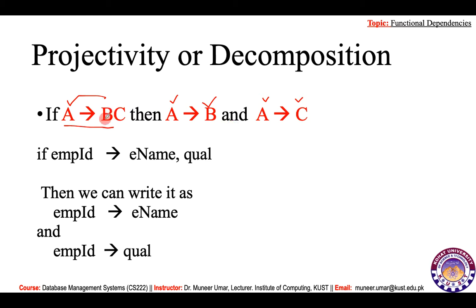We are splitting the attributes and making new dependencies. So here we have employee ID and it is determining the employee name and qualification, and this can be decomposed and two new functional dependencies can be created, where employee ID will be used to determine the employee name and employee ID will be used to determine the qualification of the employee. So this thing is also possible according to the projectivity or decomposition inference rule.